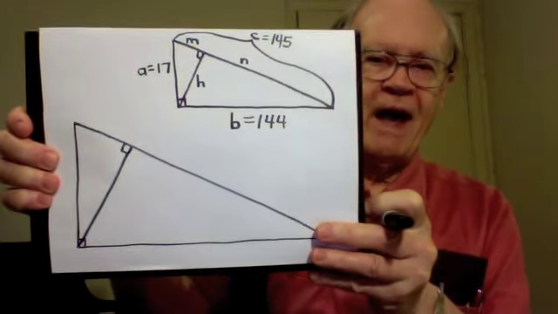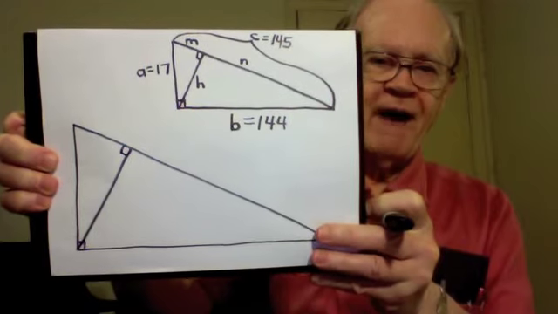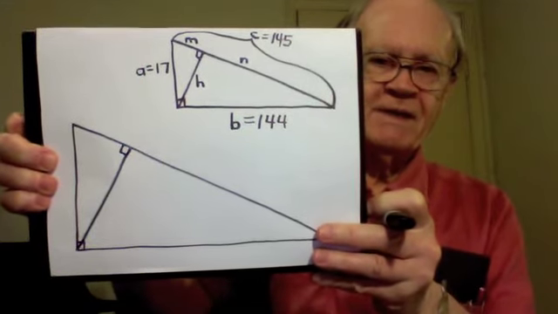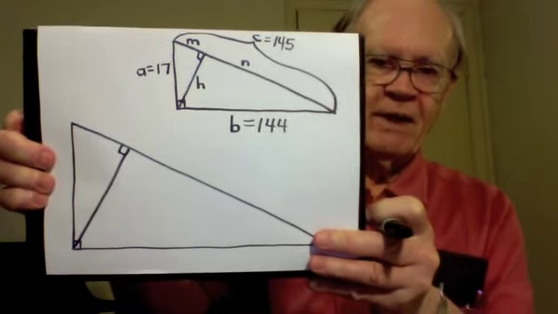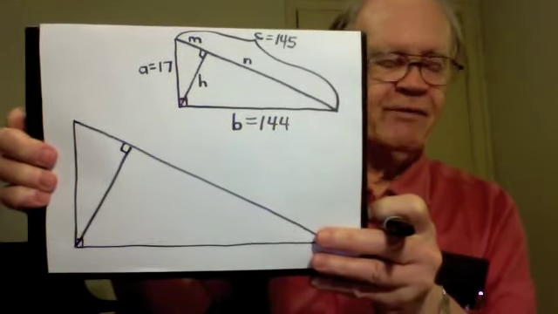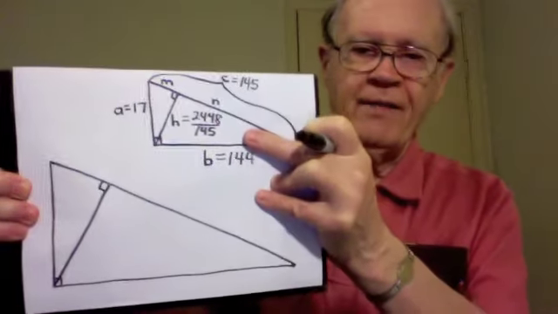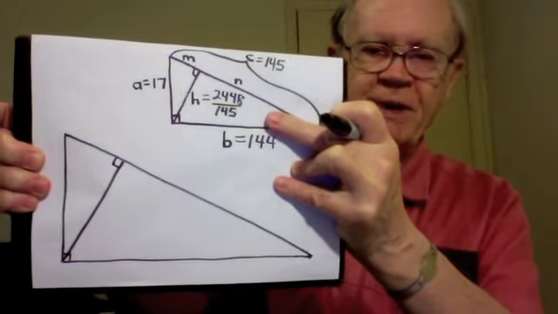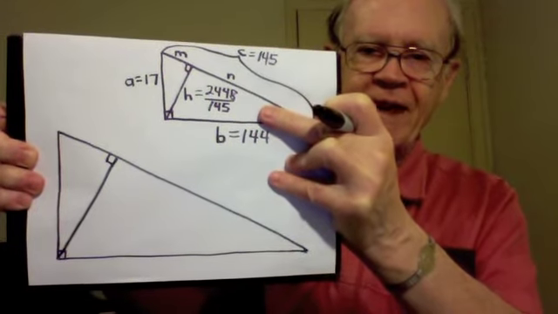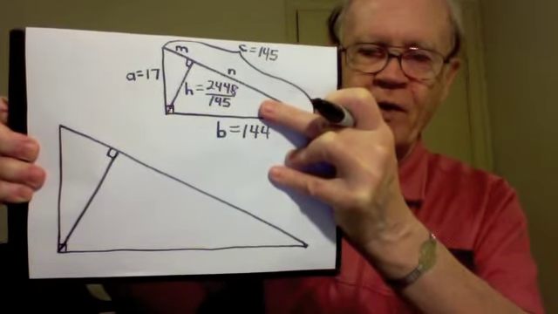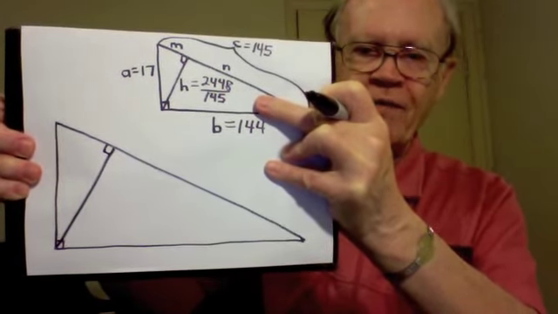Applying the same method now as with the other triangle, to find H, C times H must be the same as A times B. Well, A times B, that's 17 times 144, is 2,448. And therefore, the length H must be 2,448 divided by the length C, divided by or over 145. So H is 2,448 over 145.